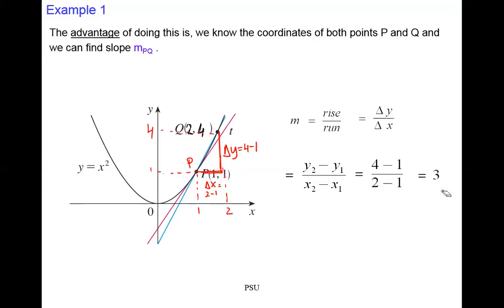And what do you think? Is it a good approximation? Can I say that the tangent line has slope 3? Of course, this slope is for the blue line, the secant line. It's at least something, right? But what do you think? Is it good or not really accurate? And what can we do?